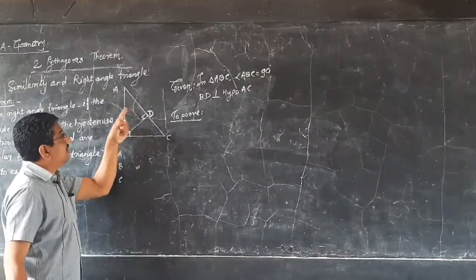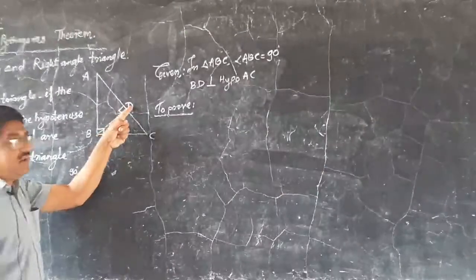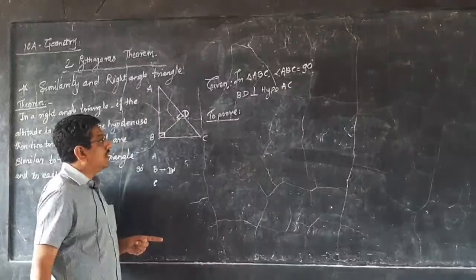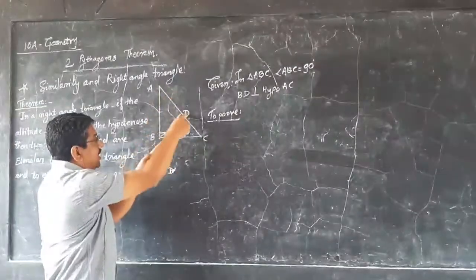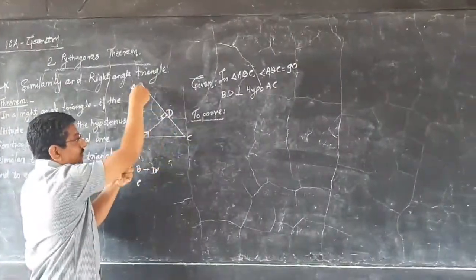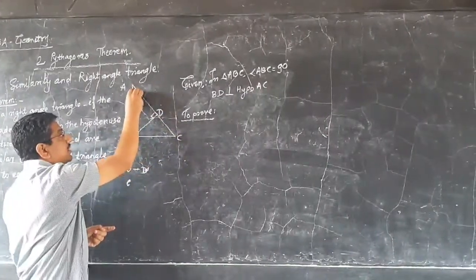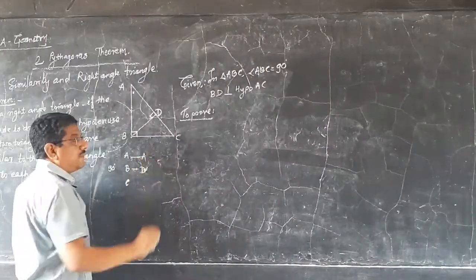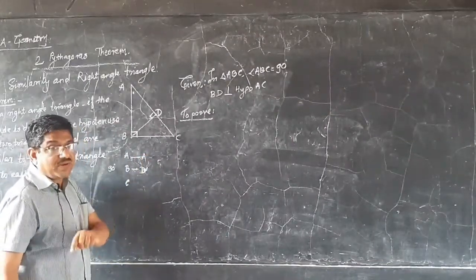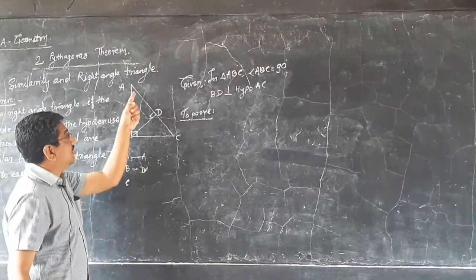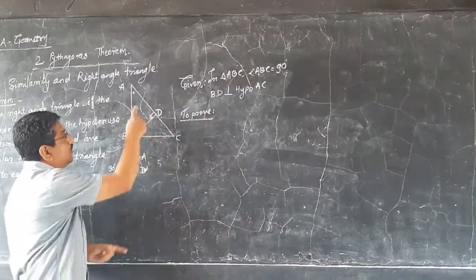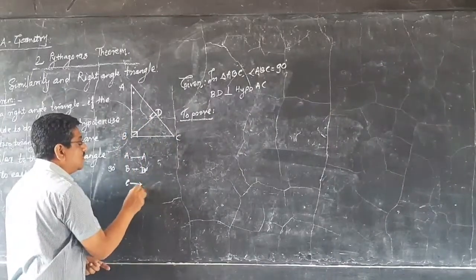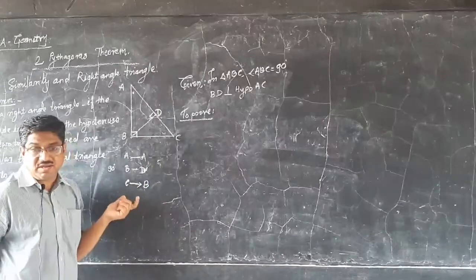In this triangle ADB, D is 90, therefore B corresponds to D. In triangle ADB and triangle ABC, angle A is a common angle, therefore A corresponds to A. Now the remaining third vertex of the second triangle, we have taken A and D, the remaining vertex is B, therefore C corresponds to B. Remember this sequence.